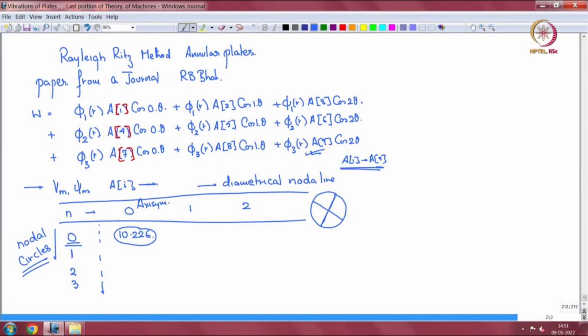And if I add up the corresponding phi's, then I will get the shape in the radial direction. So I will show you the shape. Then for one diametrical nodal line I got 21.286. Then for this, where I had 1 0 crossing, I got 40.207, and for 2 0 crossings I got 97.233, which is way higher than the actual value.